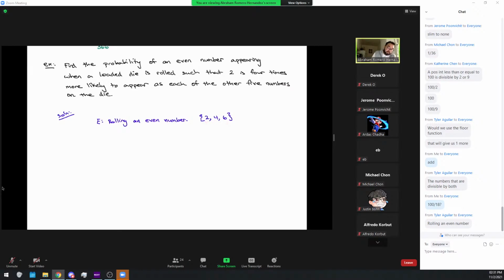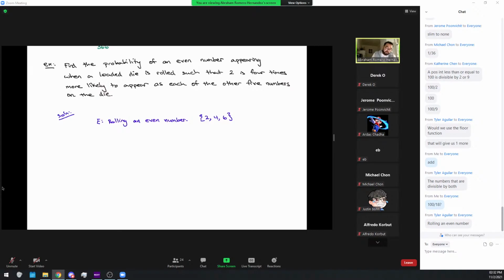Okay. Now, notice that this die is loaded, such that 2 is 4 times more likely to appear than each of the other 5 numbers on the die. So that means that 2 has a 4 times higher chance of appearing than any other number.